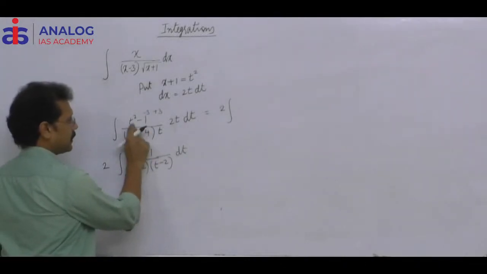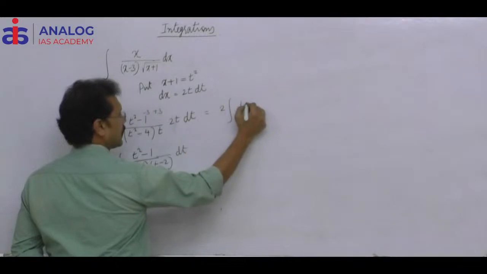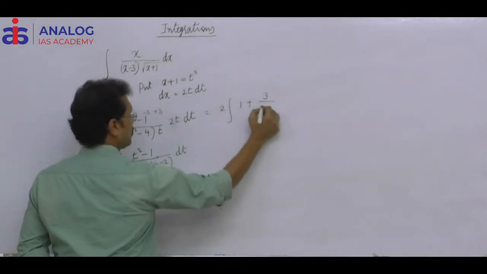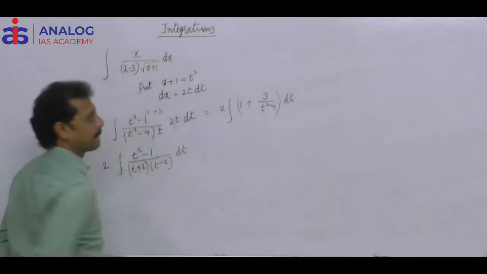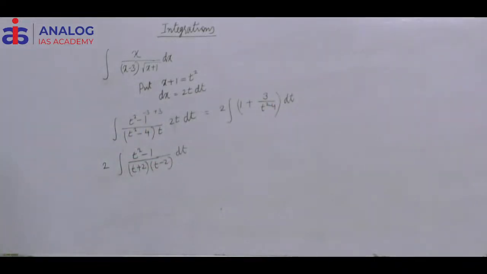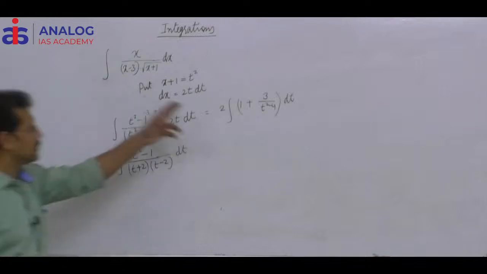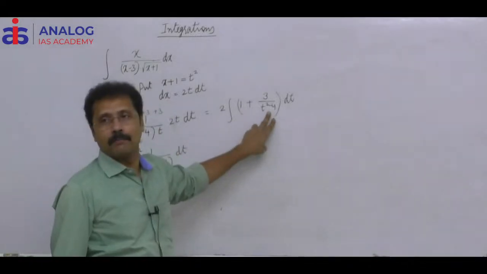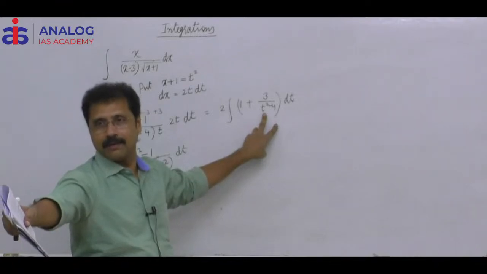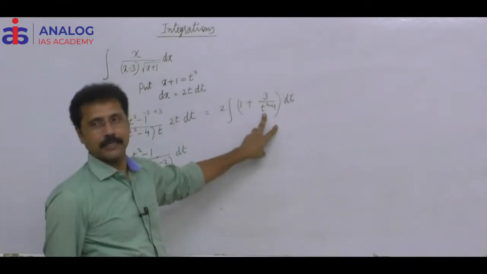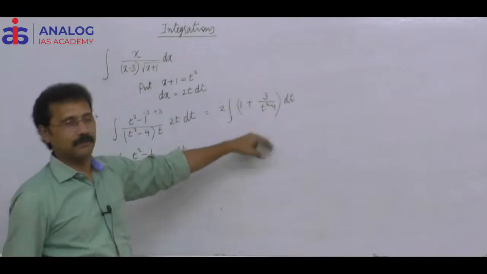So it becomes 1 plus 3 by t square minus 4 dt. But you should know what is the integral of 1 by x square minus a square. It is 1 by 2a log of (x minus a) by (x plus a), whatever, we will get it.